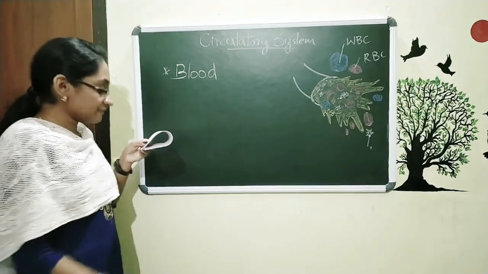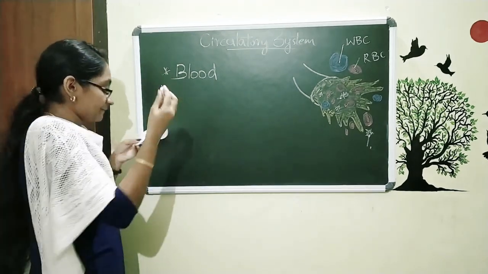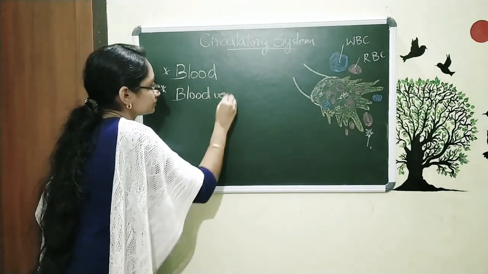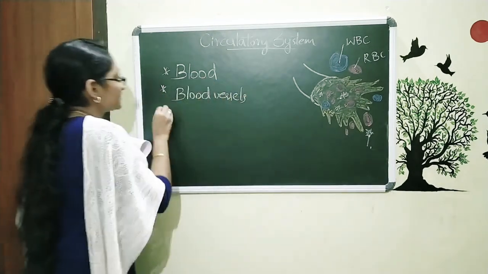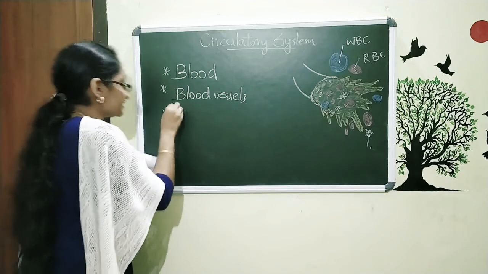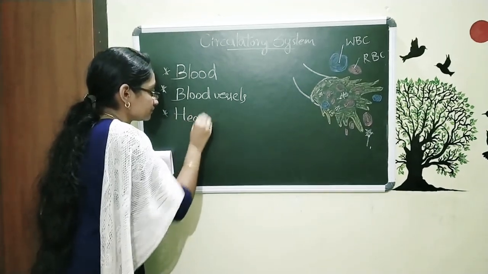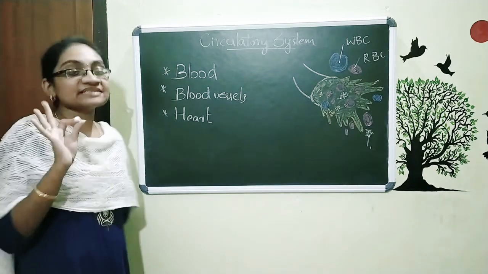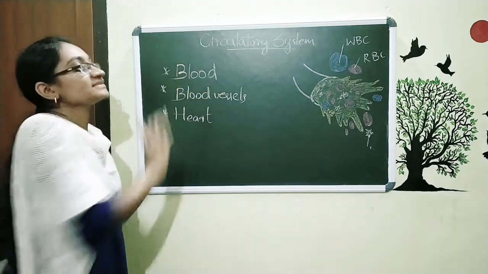The first one is blood. The second one is blood vessels. And the third one is heart.